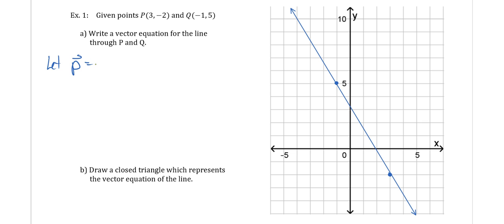So I can pick any point on the line, but I'm going to use one of the two given points just because. And I'm going to let the position vector be point P. And the direction vector will be PQ. Remember how we find PQ?